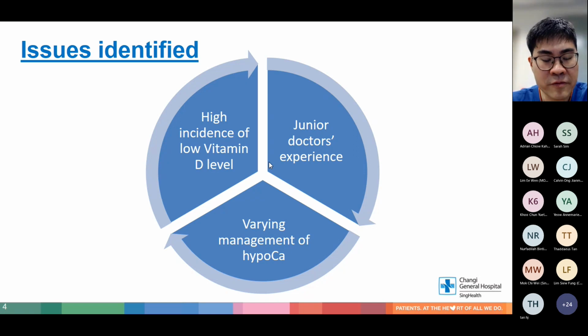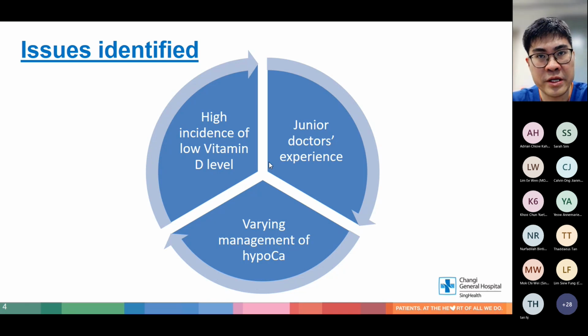On top of that, if you haven't passed through the head and neck team, and you only manage them as part of your on-call duties, obviously the number of patients that you will have to manage is low. And if you're managing this by yourself, without any guidance, you may not know whether what you're doing is right or wrong.